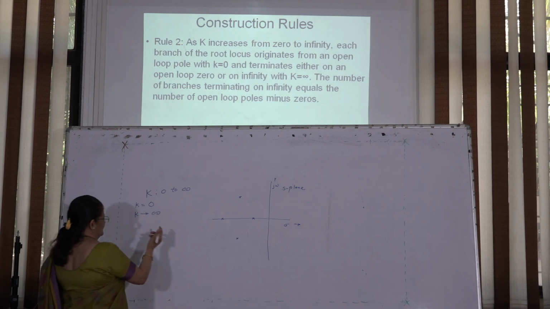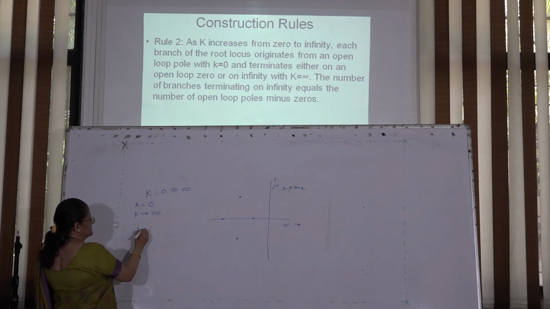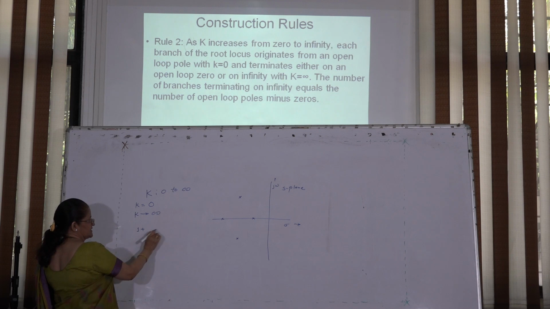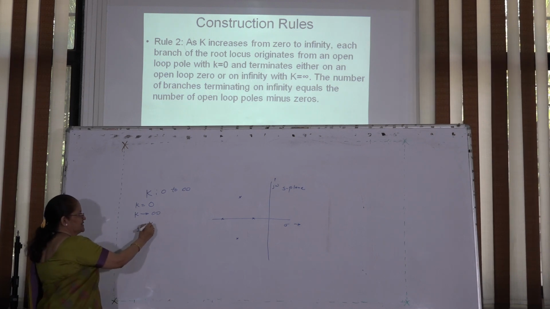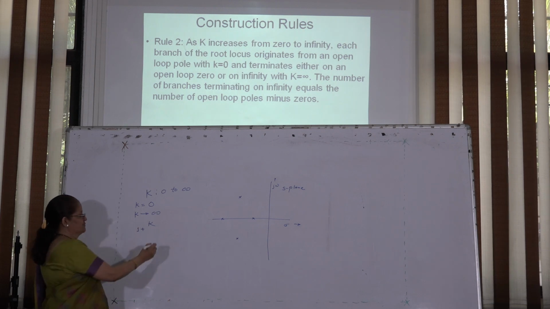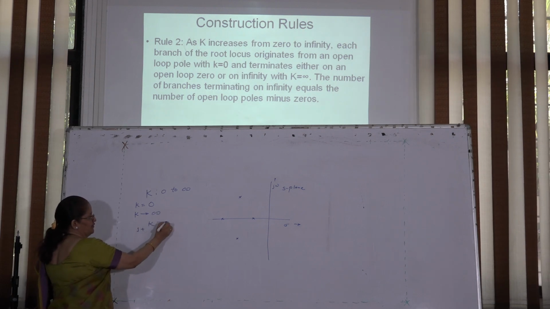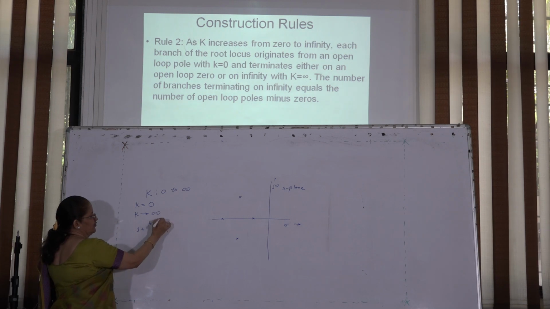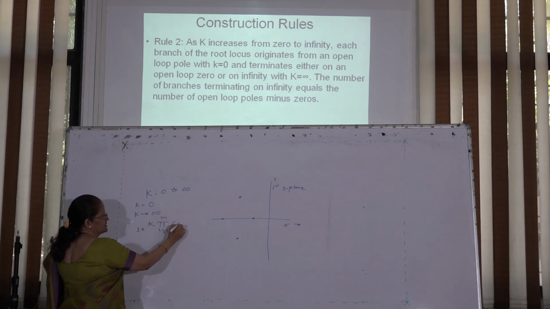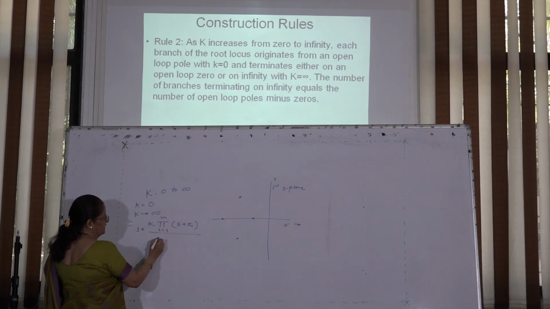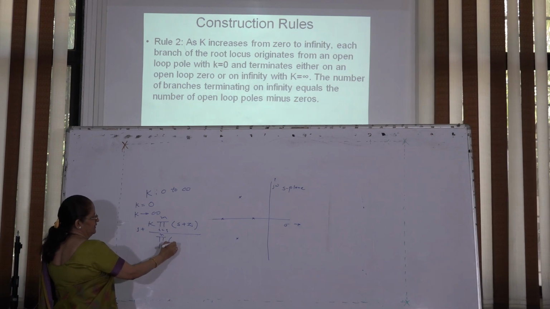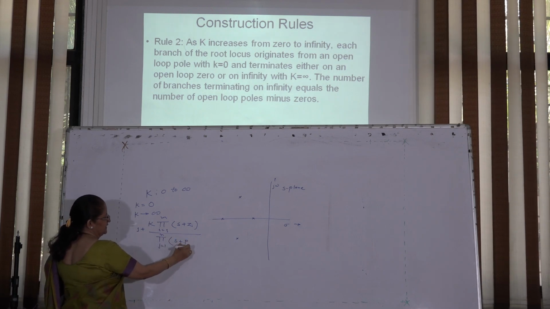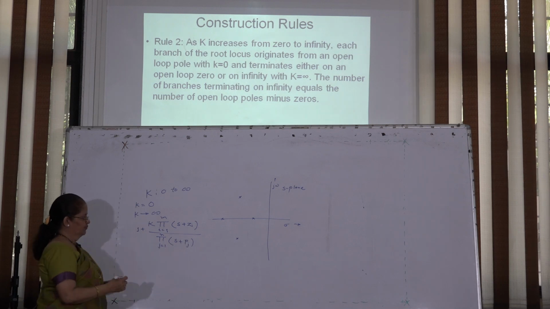What we have seen is 1 plus G(s)H(s) equal to 0. G(s)H(s) is a polynomial function that we can represent with k as the system gain. It is the product over i from 1 to m of (s plus zi), the number of zeros, upon the product over j from 1 to n of (s plus pj), the number of poles.